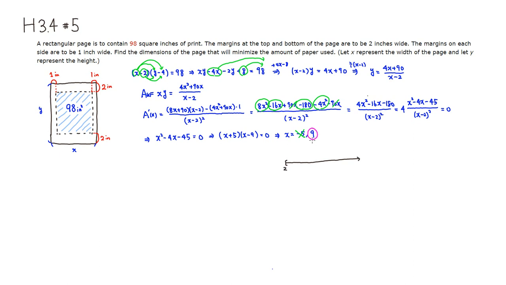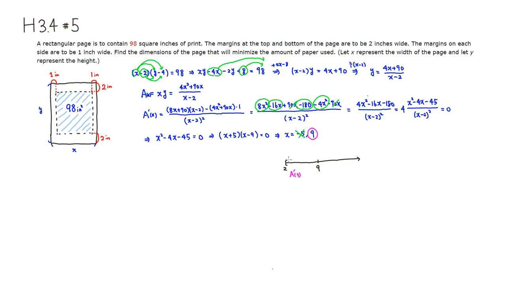And the critical number is 9. So let's look at the sign of the derivative. We can try anything between 2 and 9, so I'm going to try 3. So A prime of 3.